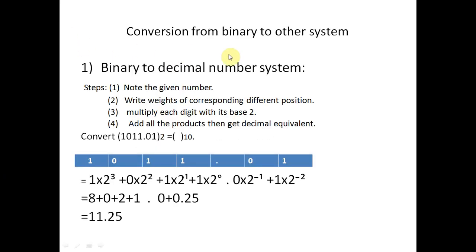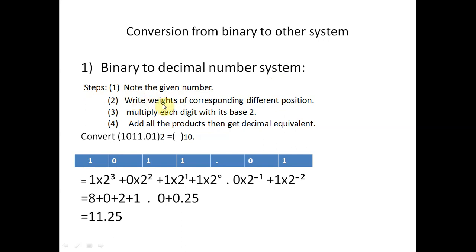The first conversion method is binary to decimal number system. These are the steps followed for converting binary to decimal. The first step is to note the given number.